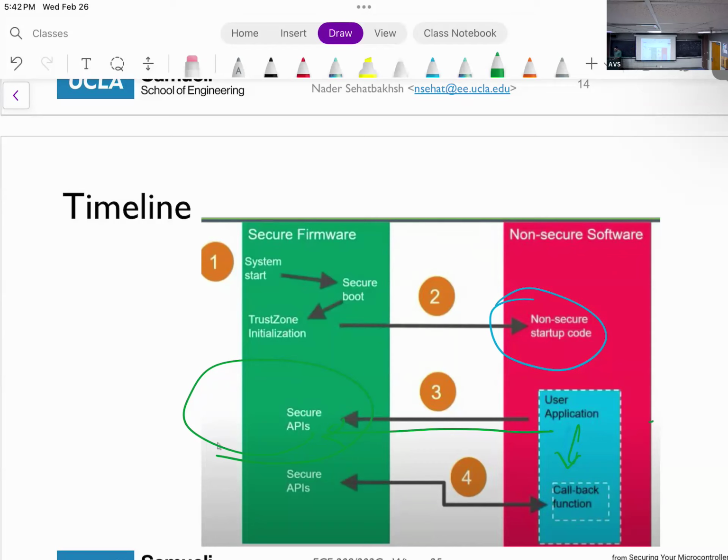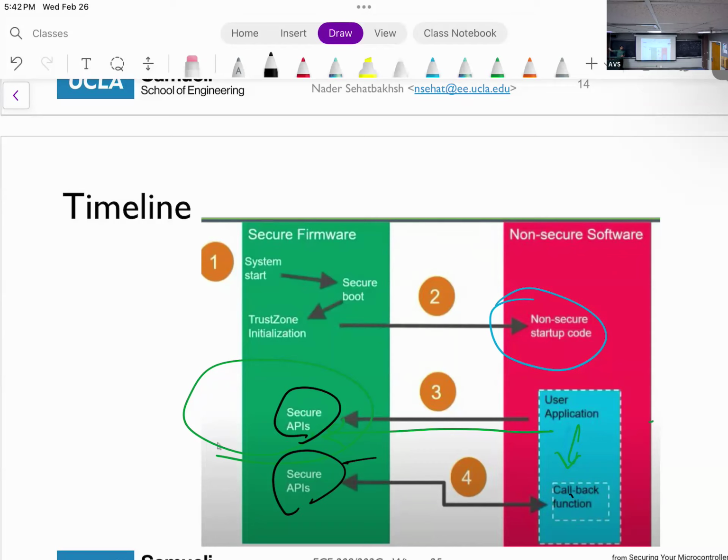One thing to pay attention to and note is that the secure world can have callback functions in the non-secure world. As I said before, the secure world has access to all the functionality of the non-secure world, so it can use some system calls, like, for example, the file system, which can be done in the non-secure world.